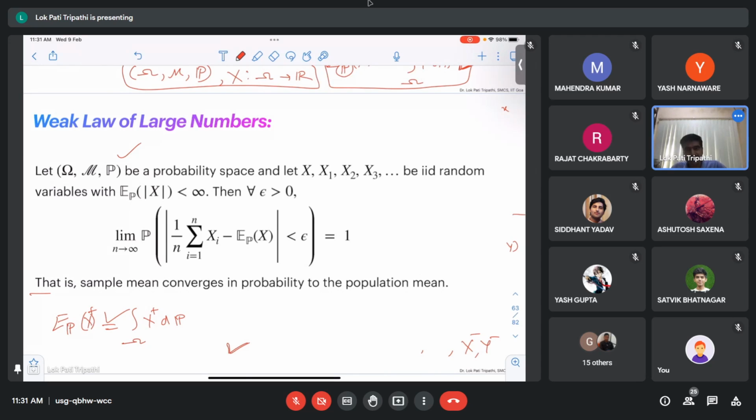Okay, so for instance, some of you must have seen the Bertrand paradox, right? For the same problem that is given as a sentence, one can get three distinct solutions.